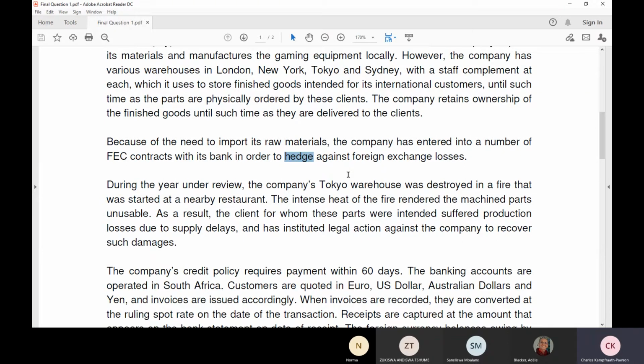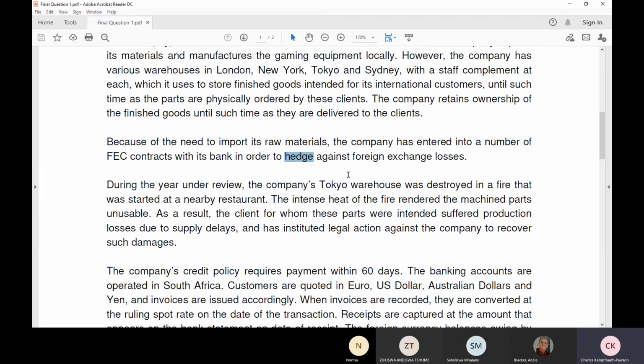You say, to hedge myself, in other words, to create a buffer against possible future losses, I'm happy with the exchange rate as it is today, because that gives me certainty of what I will be paying.